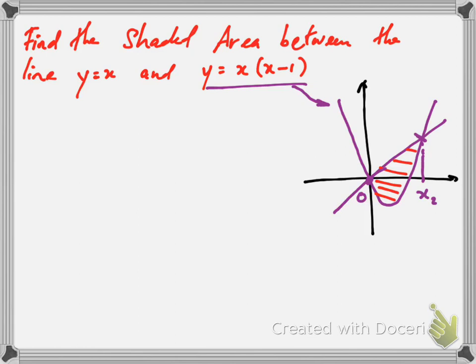The other one is where they intersect at a point which we don't know. The intersection of the curve and the straight line can be found by using simultaneous equations. You have y equals something, and y equals something. If you equate them together, we end up with x2, the upper limit. So x is equal to x into x minus 1. Then you can expand the right hand side: x equals x squared minus x.